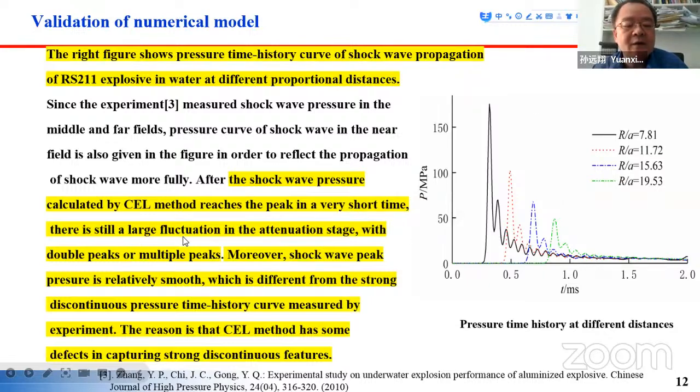There is still a large fluctuation in the attenuation stage, with a double peak or multiple peaks. Moreover, the shock wave peak pressure is relatively smooth, which is different from the strongly discontinuous pressure-time history curve measured by experiment. The reason is that the CEL method has some defects in capturing strongly discontinuous features.